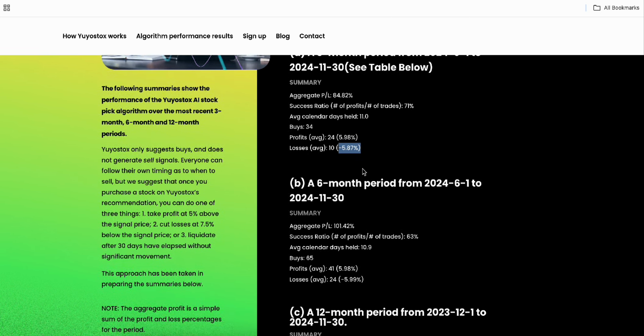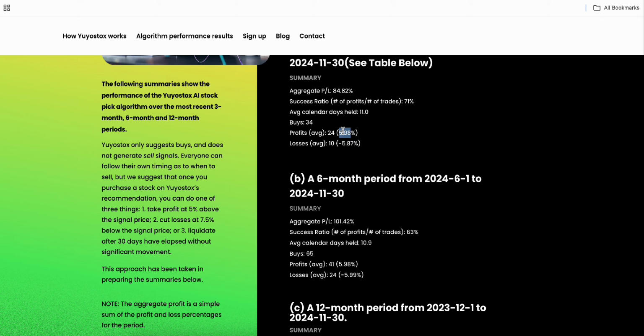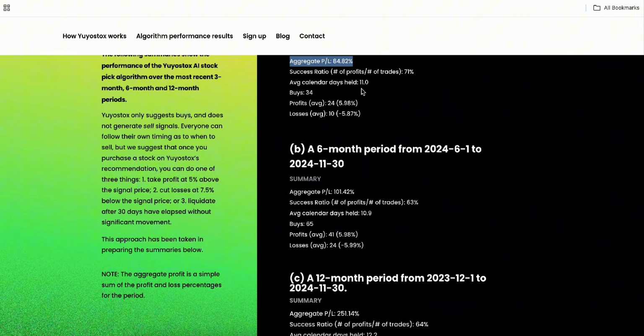So in reality, their take profit and stop loss are similar in the last 3 months, but they win more trades than they lose, 71% of a winning rate, which gives them this P&L, which is pretty impressive.